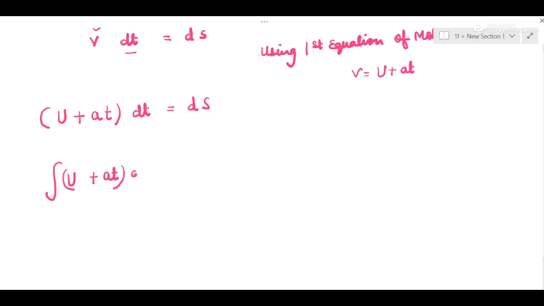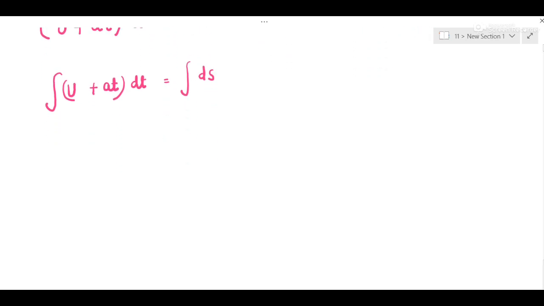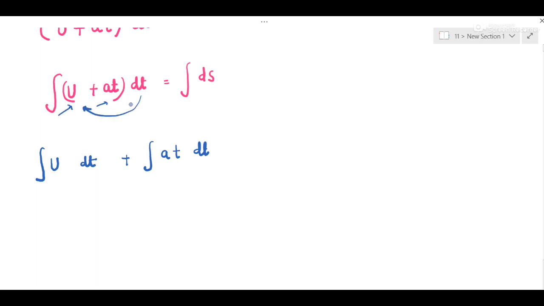Bracket close, dt is equal to integration of ds. Let us separate terms. This is u dt plus integration of at dt. The integration symbol is also given to both this term and this term, and dt is also given to both.